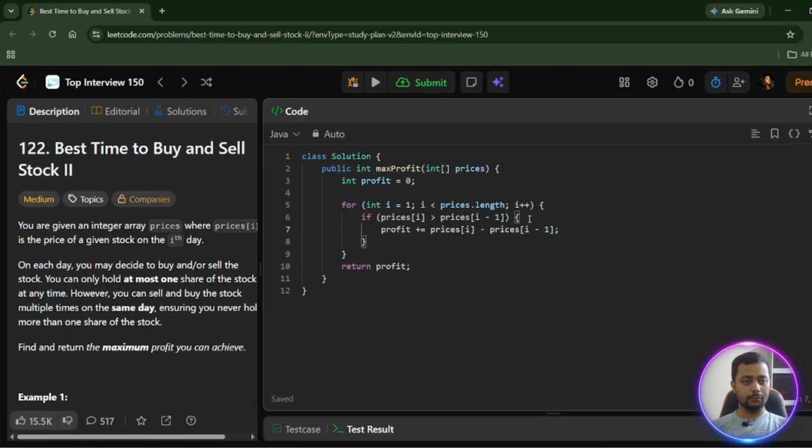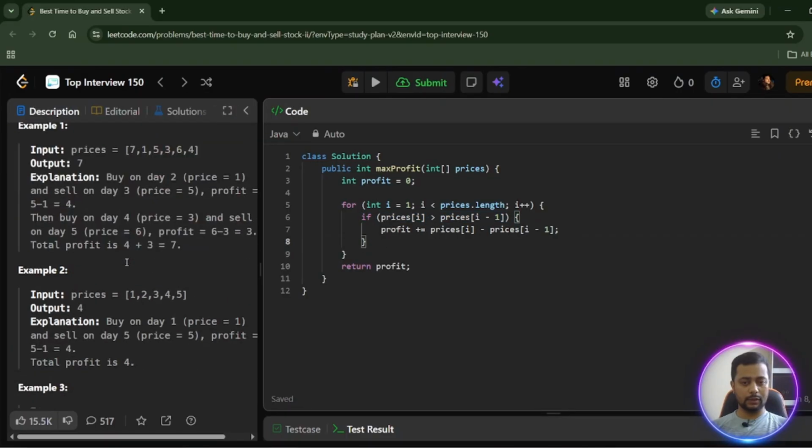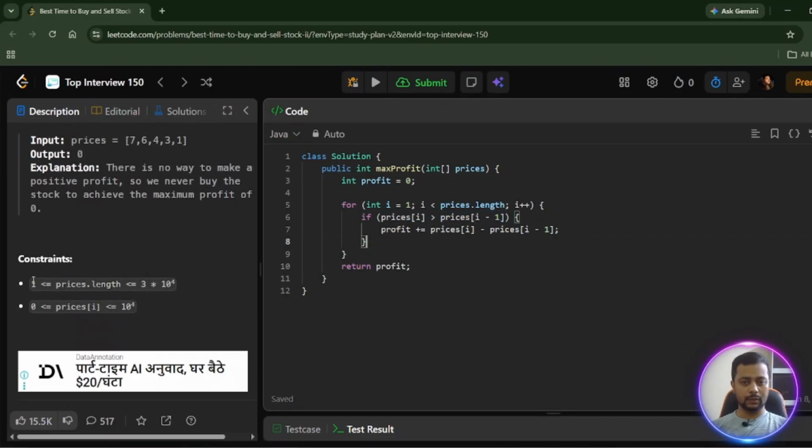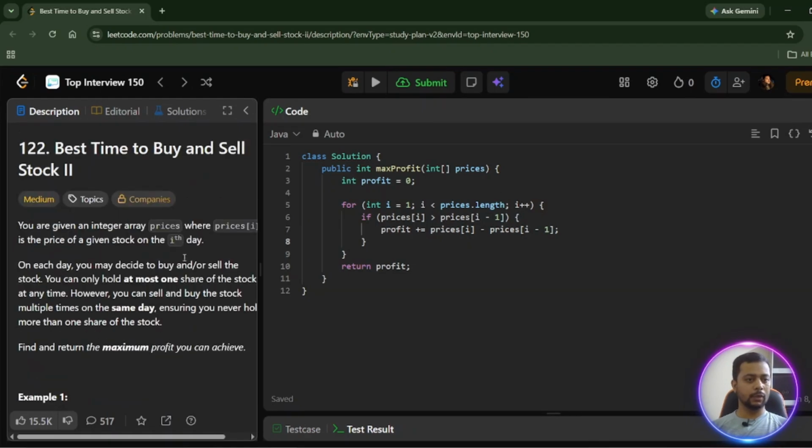And remember that we are able to put this kind of condition because in the constraints they have mentioned that at least there will be one element over there. So it will always ensure that we are not accessing any negative index.